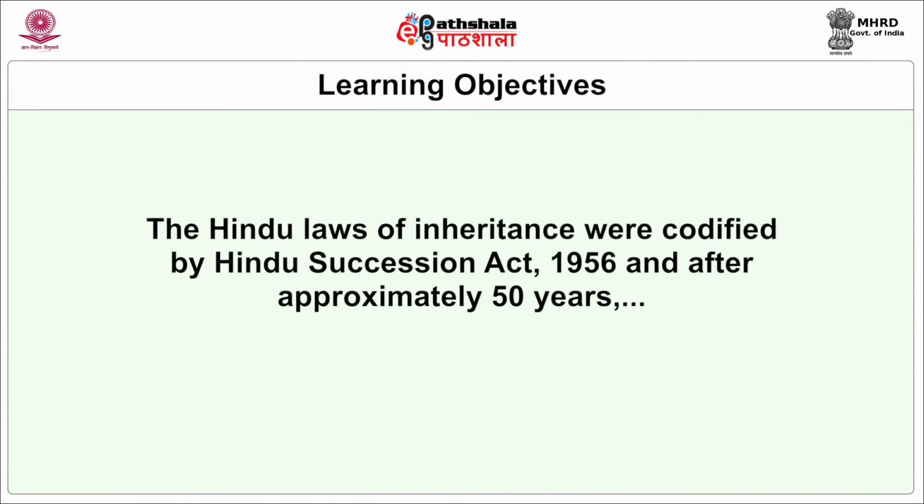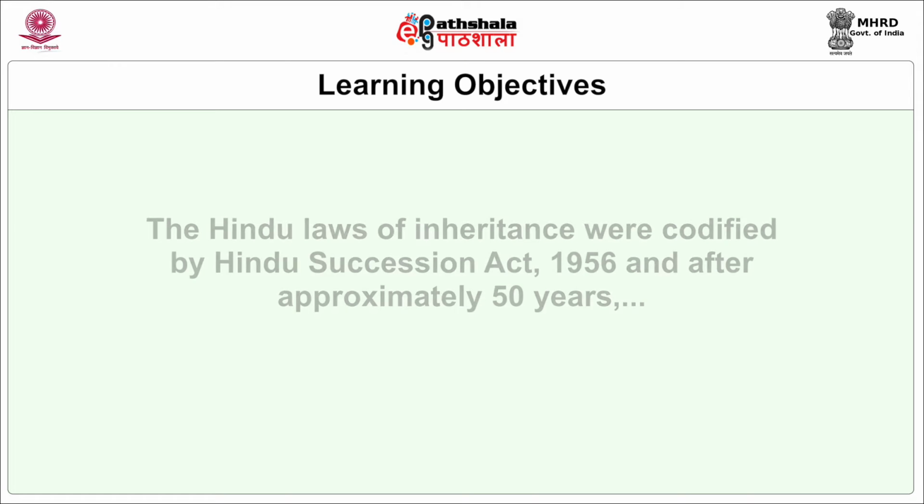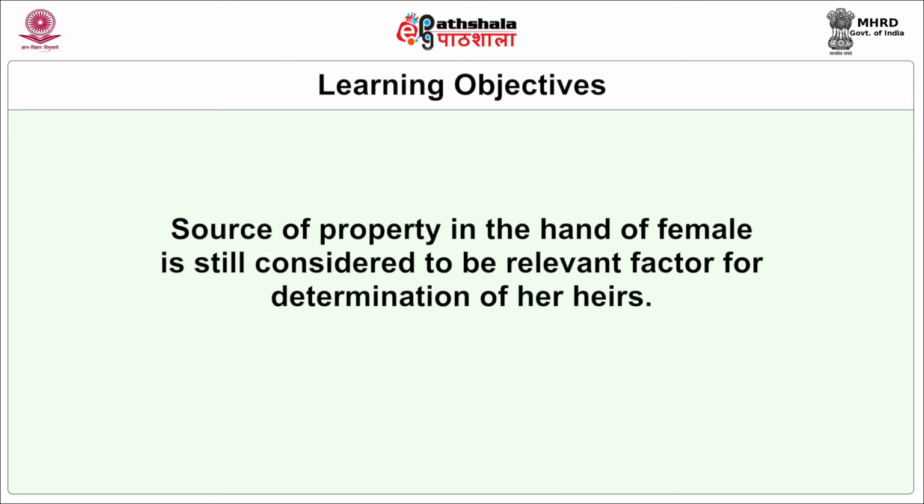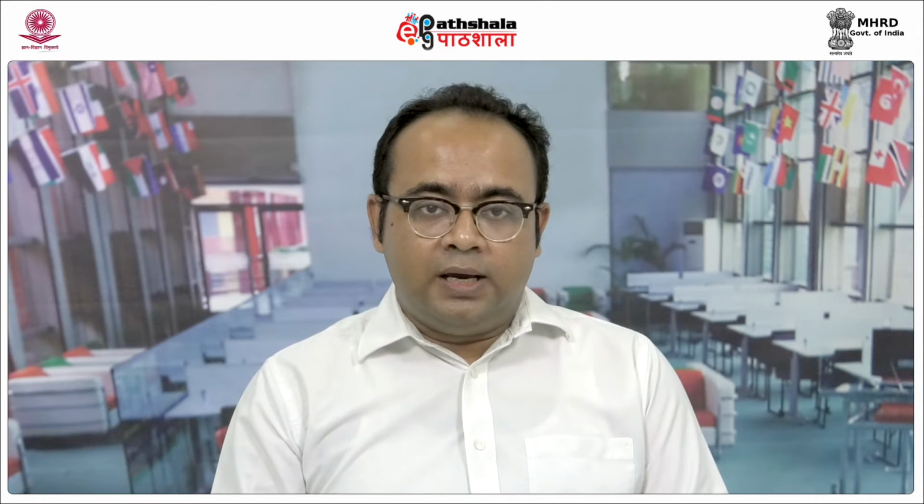The Hindu laws of inheritance were codified by the Hindu Succession Act of 1956, and after approximately 50 years, amendments were brought in by the Hindu Succession Amendment Act of 2005, HSA 2005, to make a daughter a coparcener. The source of property in the hand of a female is still considered to be a relevant factor for determination of her heirs. Relations through males, agnates, are preferred over relations through females, cognates.